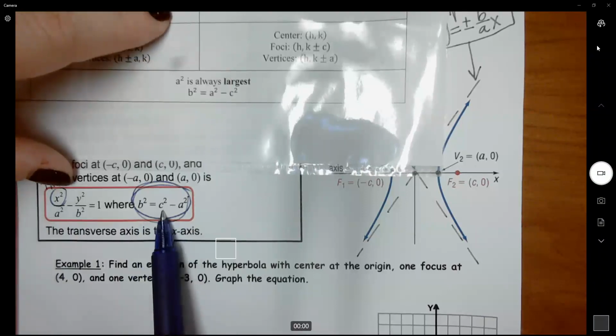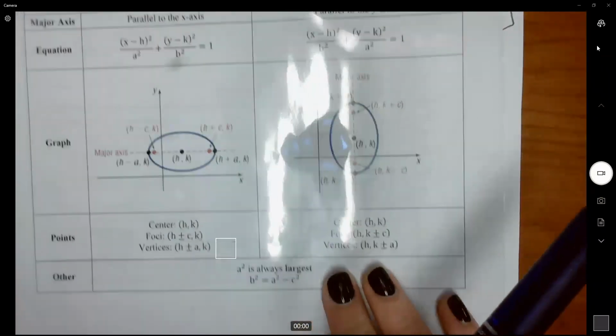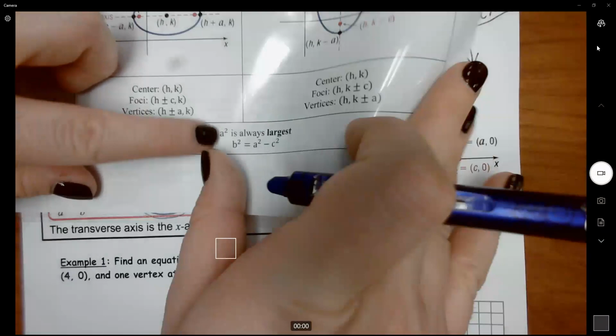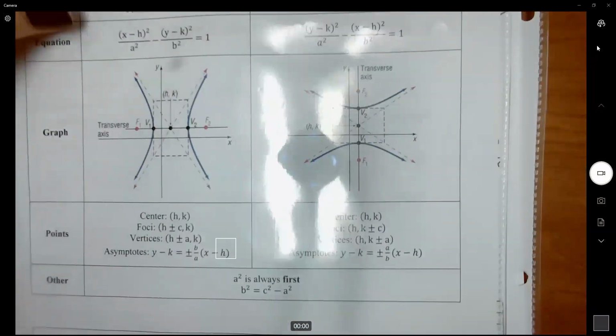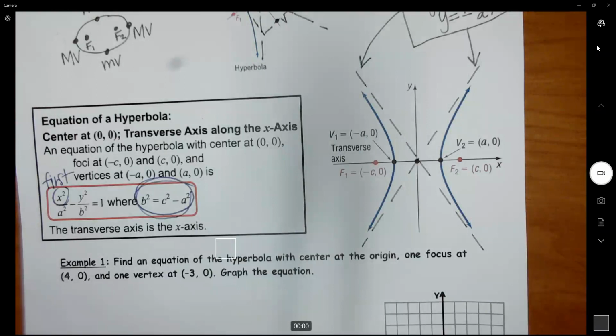And here we're doing c squared minus a squared. Now you don't have to memorize these, right? On your formula sheet, you have ellipse. You have this formula down here, and same thing on the back. You have hyperbola, and you have that right there. But I do want to make a note that those are slightly different.